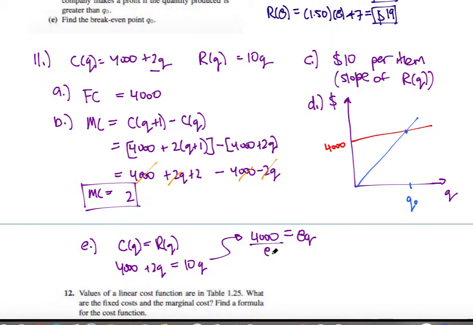Then I will divide both sides by 8. And so 4,000 divided by 8 would give us a Q value of 500. So this is my Q0, which is my break-even point. That's the quantity I need to sell in order to begin making a profit.